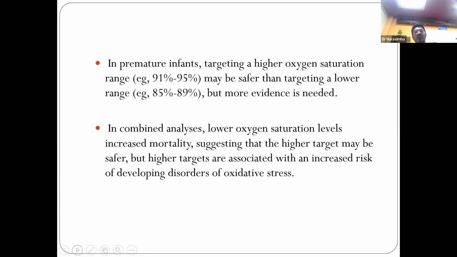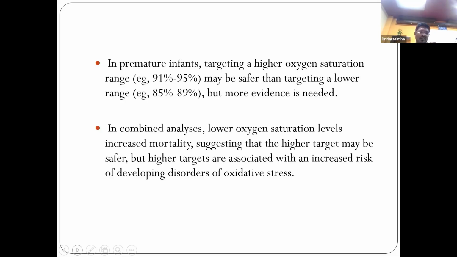The studies are going on. I want to present one of the studies later. It says that a higher oxygen saturation, some 90 to 95, may be safer than targeting a lower oxygen range as well. In combined analysis, low oxygen saturation levels increased mortality, which suggests that a higher target may be safer.